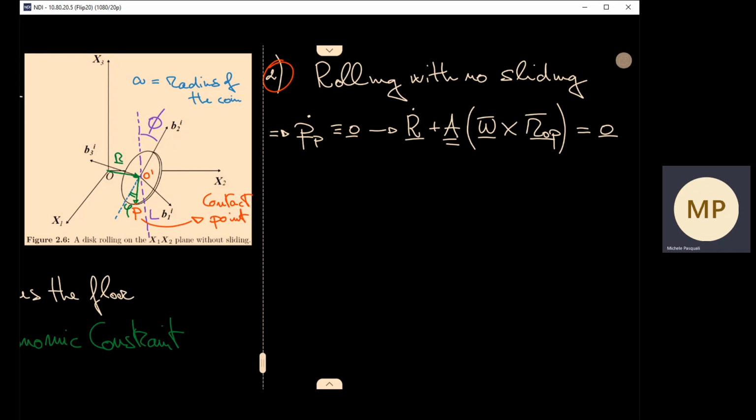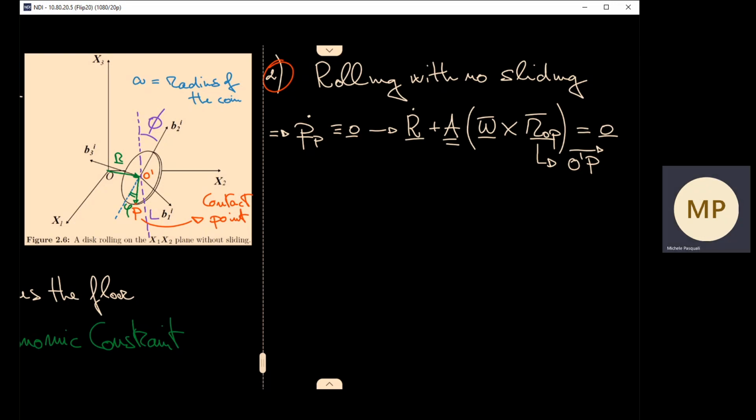This form here, we have seen it last time. And just for you to know, this vector here is basically O prime P. It's going from here to the contact point.